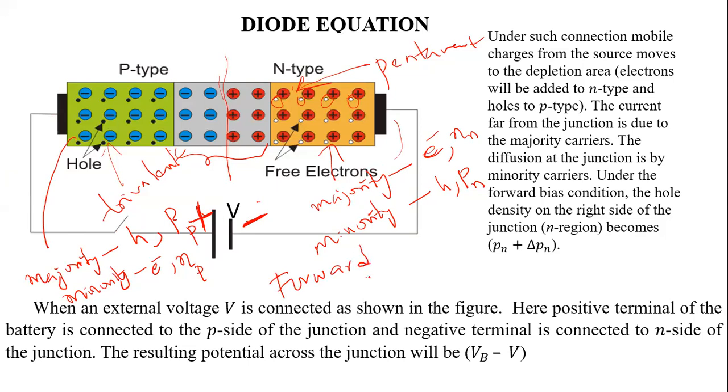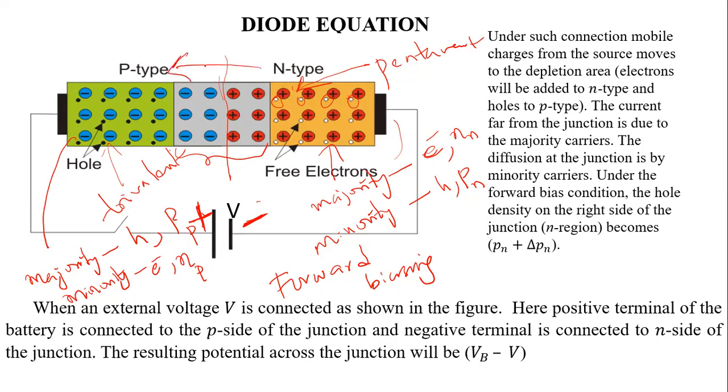Under this connection, the external battery will give additional energy to the free electrons on the n side, and with this additional energy the free electrons may be able to overcome the potential barrier here.